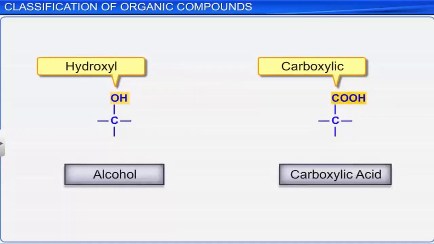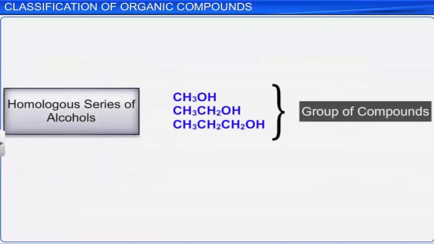Organic compounds can also be classified on the basis of homologous series. The successive members or series of organic compounds with a characteristic functional group having the same general molecular formulae and differ by a CH2 unit form a homologous series.